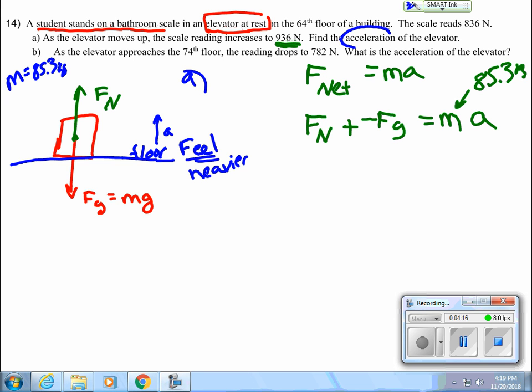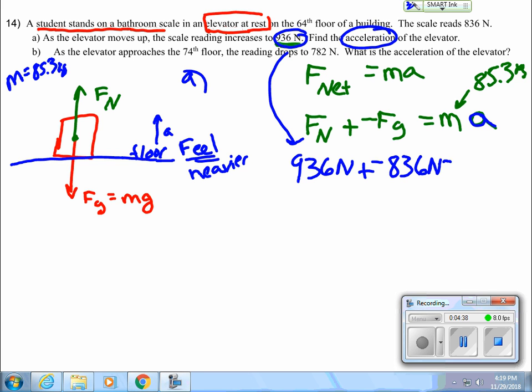What is this a? Well, we know all the information. It's practically given to us. This was 936 newtons because we read it. Bam, right there. Plus negative the weight when we're just normally standing on the ground. And that's equal to 85.3 kilograms times a.